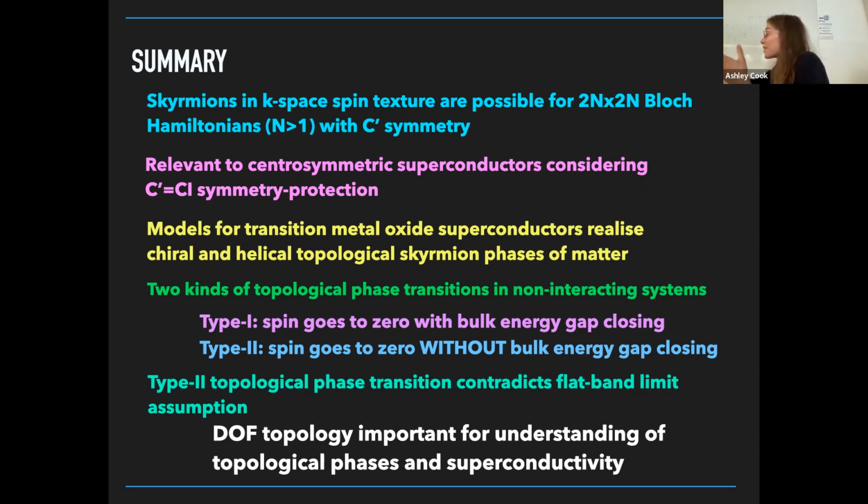Someone has to explore the topology associated with other degrees of freedom. Related to this, you can extend the physics to interacting systems or the various analogs of the standard electronic phases, all these different branches that have descended from our study of electronic topological phases in equilibrium.